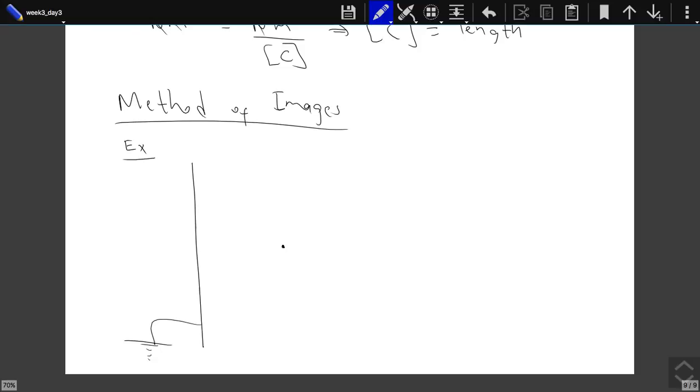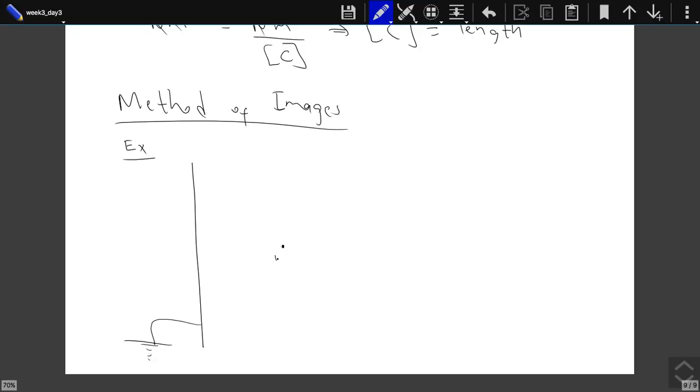So we just stick with this simple example of a point charge in front of a grounded conductor. The potential should be 0 at infinity. It is 0 on this conducting plate. Basically, the electric field should be perpendicular to this plate, since it's an equipotential surface. So this is what we need to solve. But we already know a similar system.